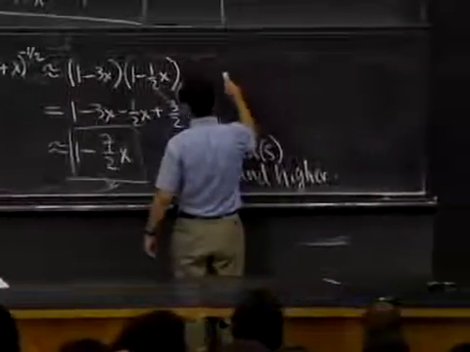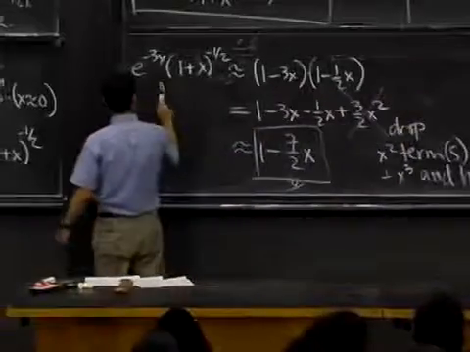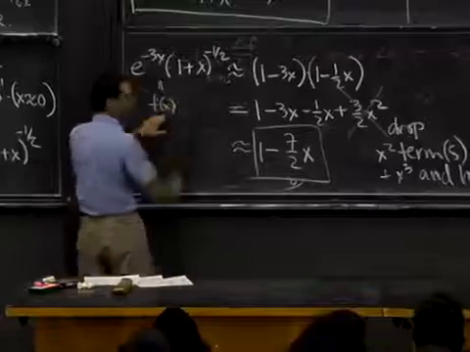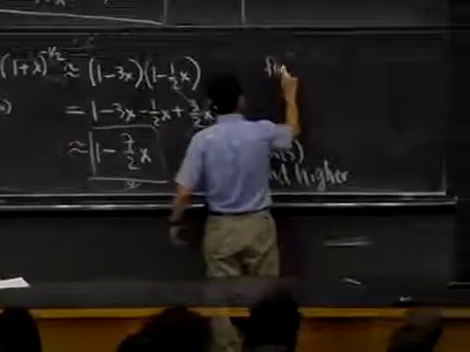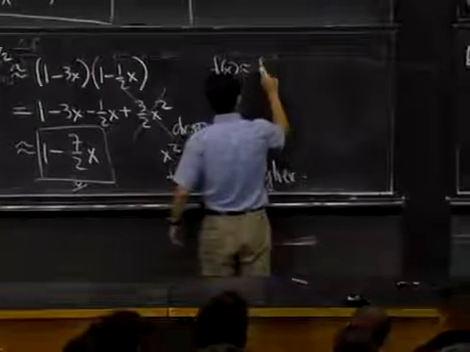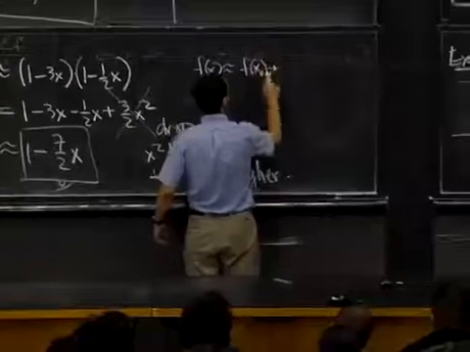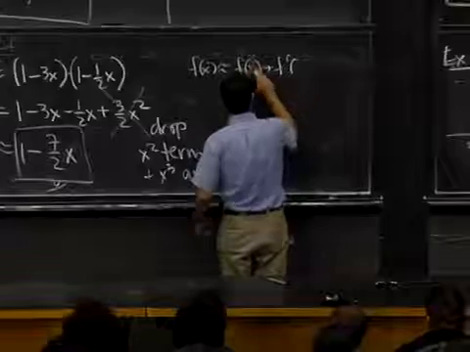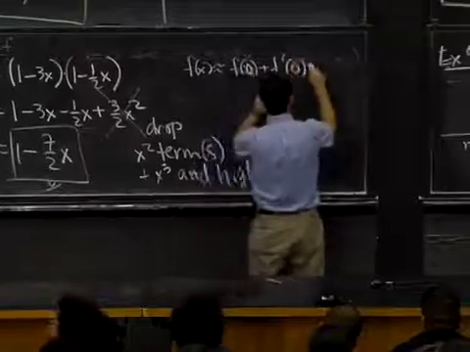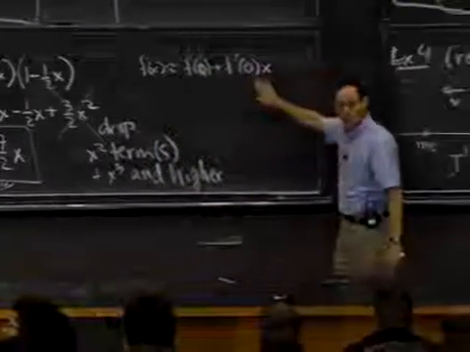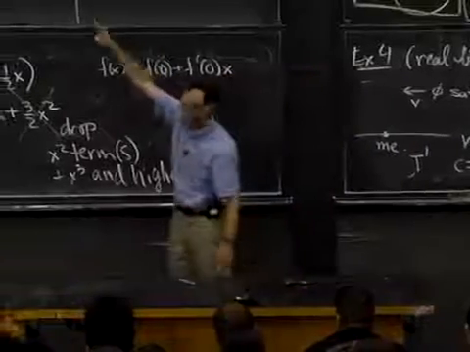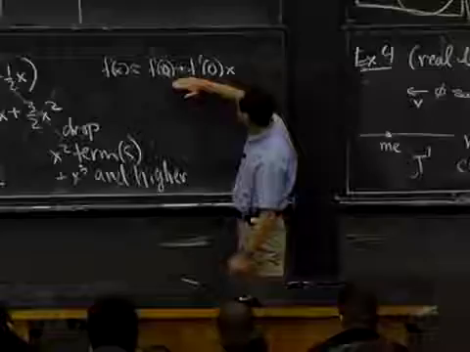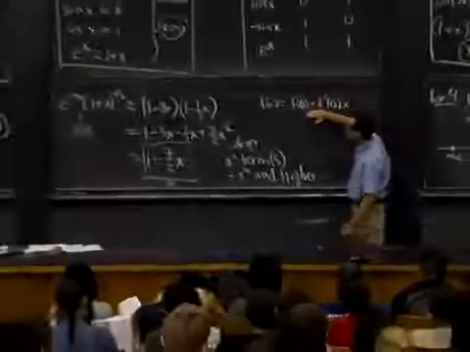If I call this function f of x, then it must be true that the linear approximation is f of x 0 plus f prime of x 0 times x. That should be true. That's the formula that we're using. It's up there in the pink also.